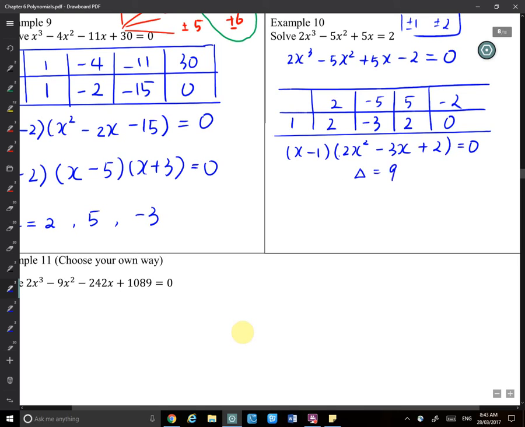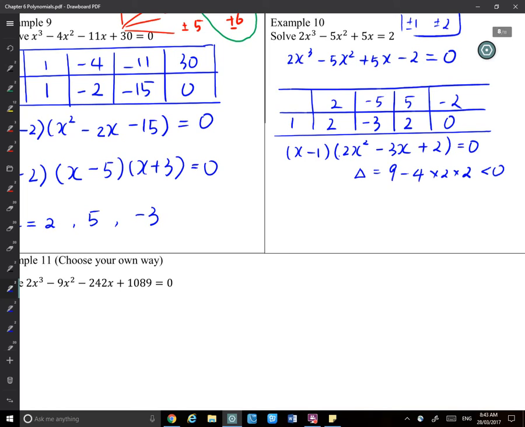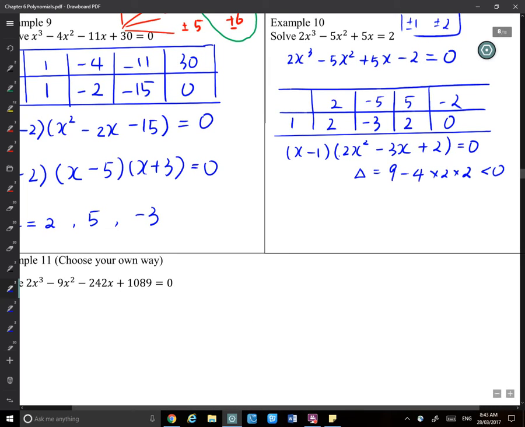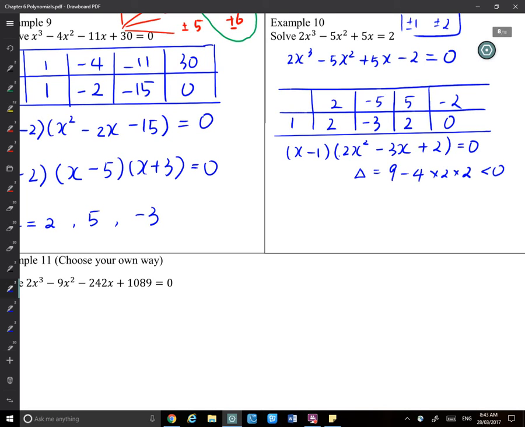Discriminant equals 9 minus 4 times 2 times 2. You see that? 9 minus 16 is smaller than 0. So I can't really factorize that. Although it seems likely that 2 and 2 make a 3, actually it doesn't work. So that is smaller than 0.